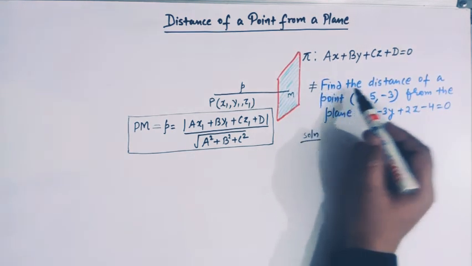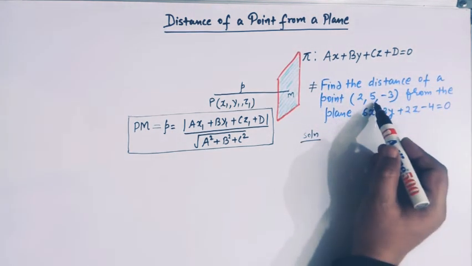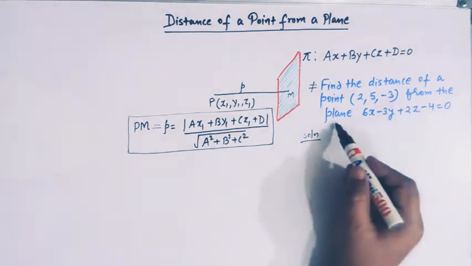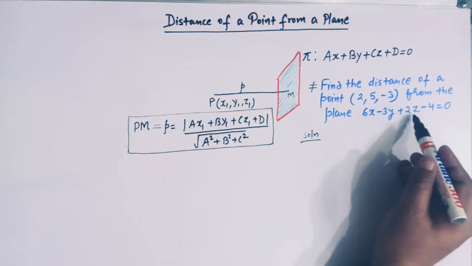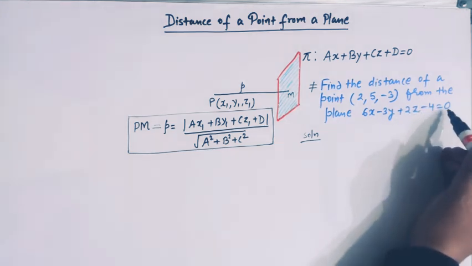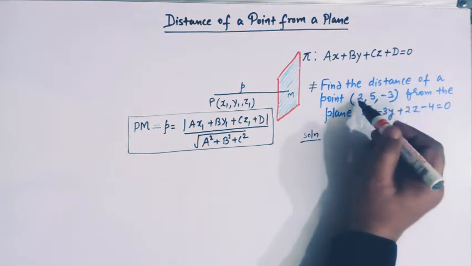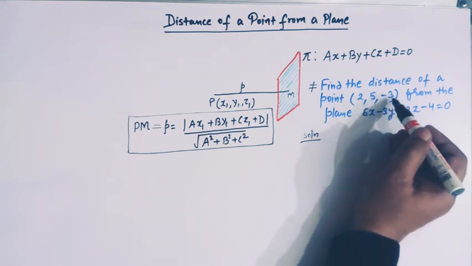Now here we have to find the distance of a point 2, 5, minus 3 from this plane, right? So the equation of the plane is 6x minus 3y plus 2z minus 4 equal to 0, and the given point is 2, 5, minus 3.